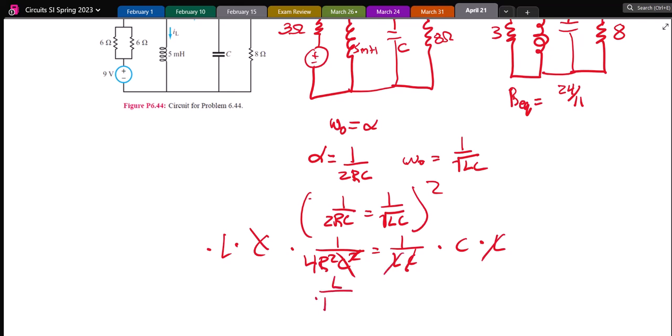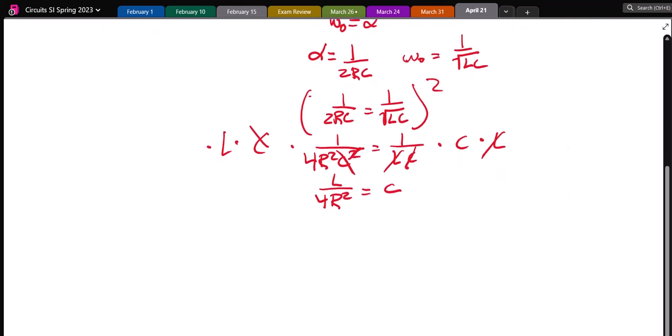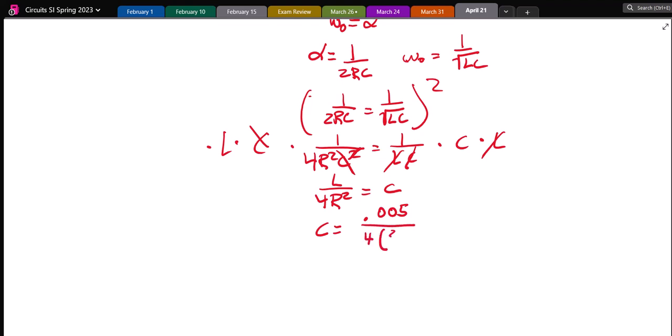And I get L over 4R squared equals C. Now L is 5 millihenries, so that's 0.005 over 4, and we said R was 24 over 11, squared. This gets us 0.0002626 farads, or 0.2626 millifarads.